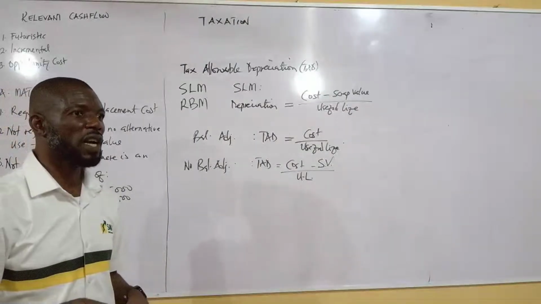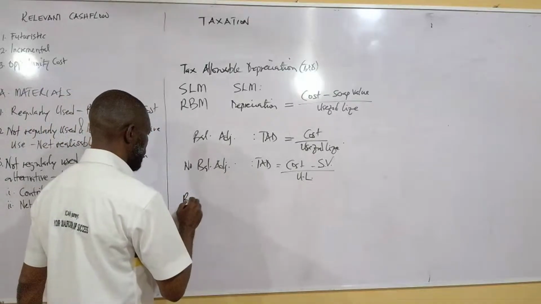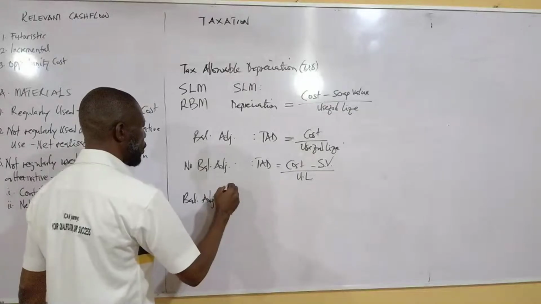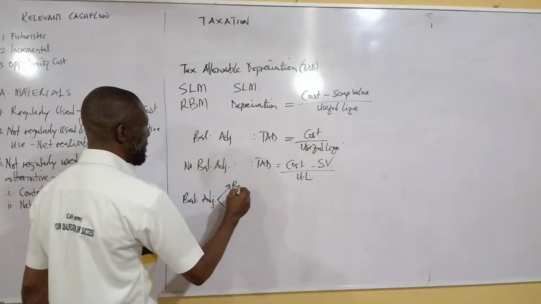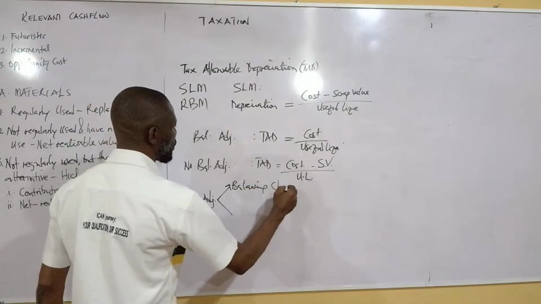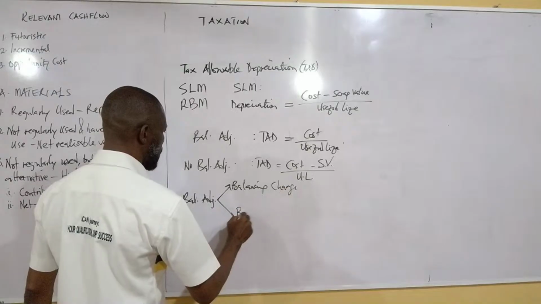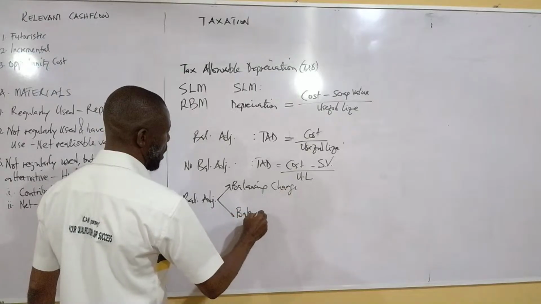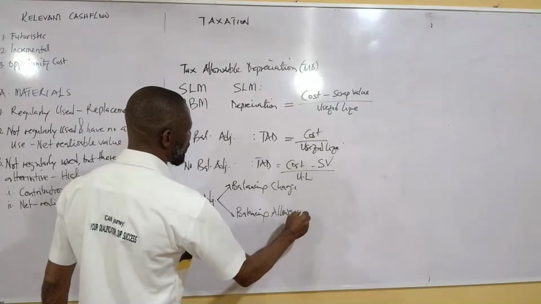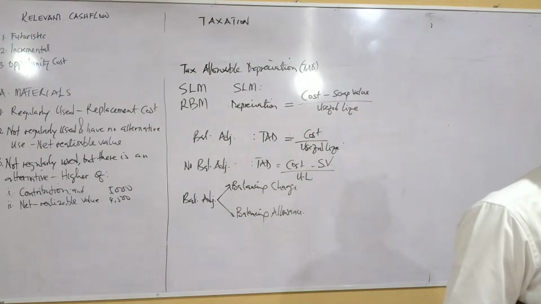These are balancing charge or balancing allowance. Most times, your examiner will not tell you whether it's balancing charge or balancing allowance.